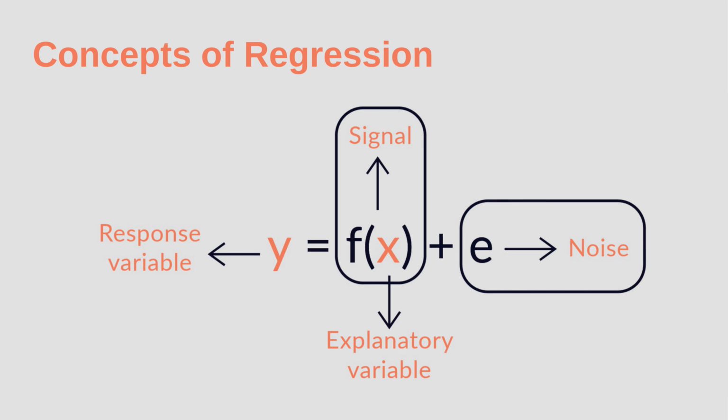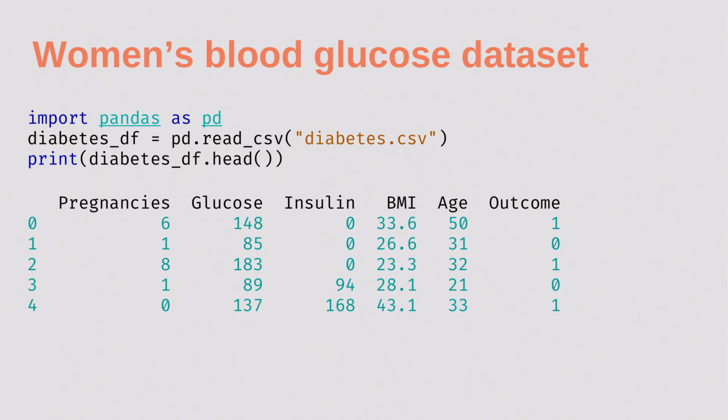In regression tasks, the response variable typically has continuous values such as a country's GDP or, for example, the price of a house. Let's take a real-world example to understand regression problems better. I have a data set with health information for women, and our goal is to predict their blood glucose levels. We'll start by loading the dataset into a pandas data frame and taking a quick look at the first few rows.